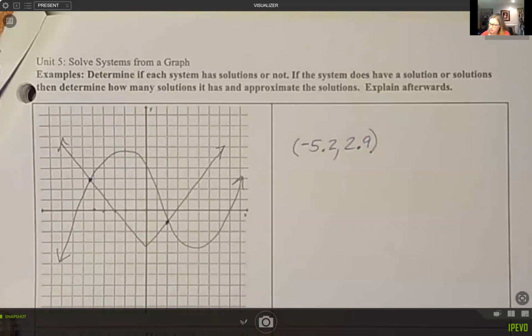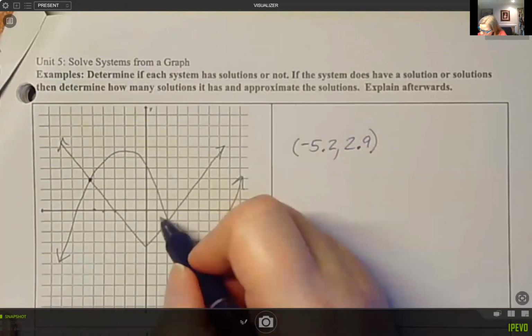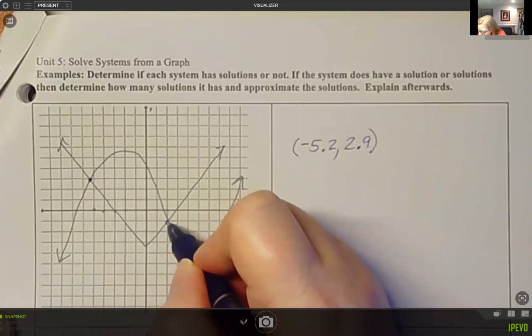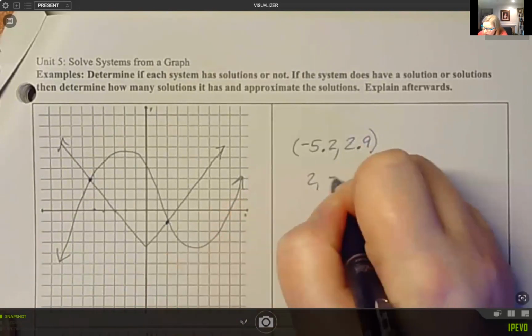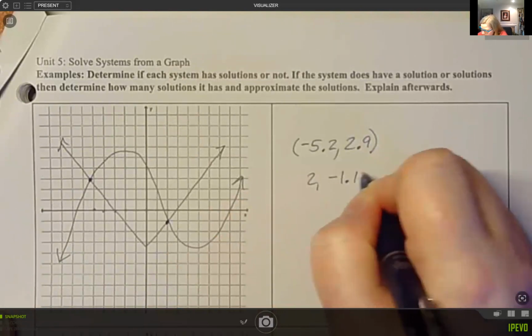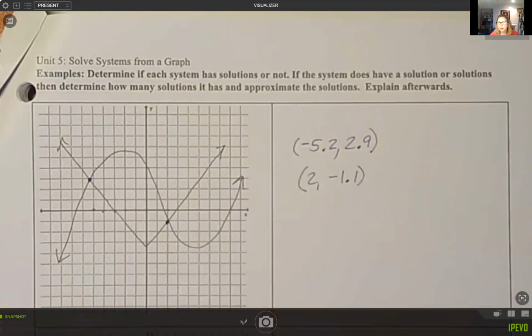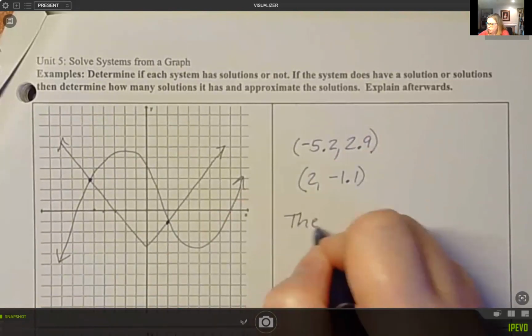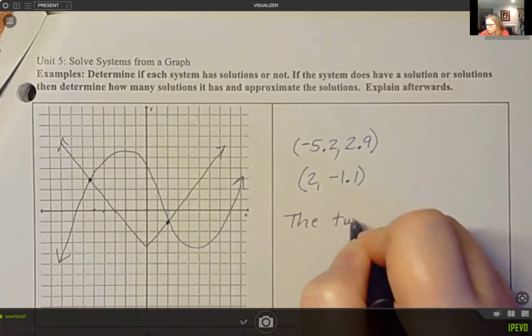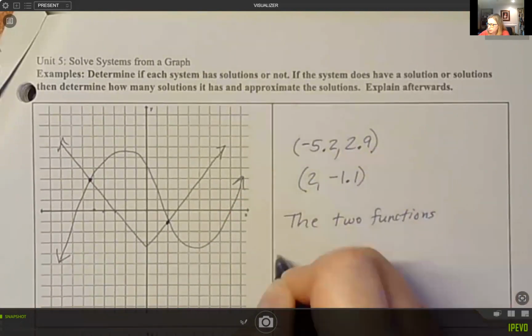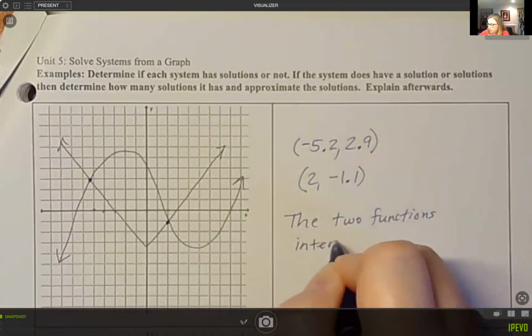And this solution I would say is (2, -1.1). So those are the two solutions because the two functions intersect twice.